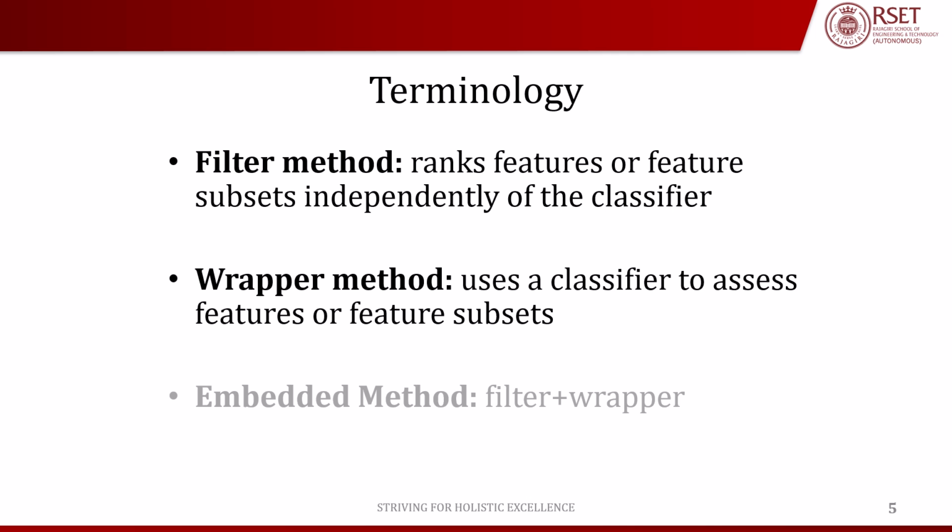The second one is called the wrapper method. It uses a classifier to assess features or feature subsets, and we iteratively delete or take some variables. And the last one is the embedded method, which is a combination of filter and wrapper methods. We will not be covering this in module 1. We will be just visiting the filter method and the wrapper method for feature selection.